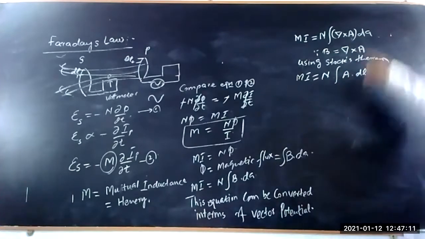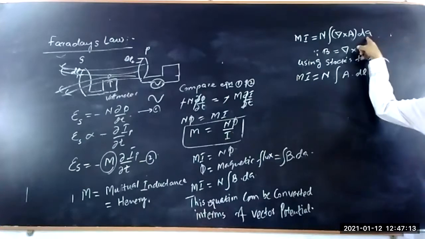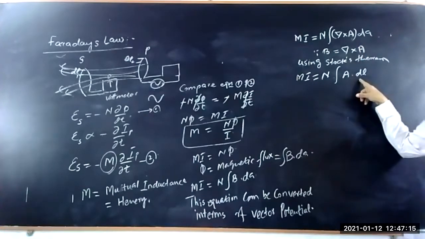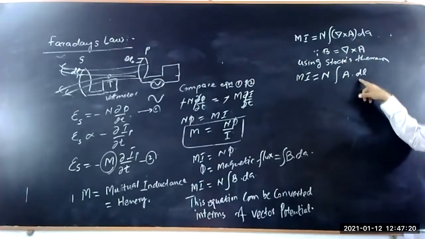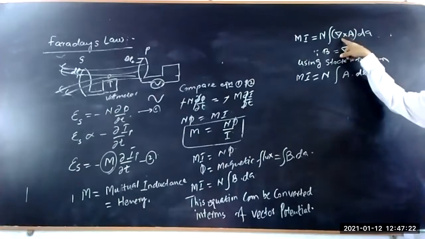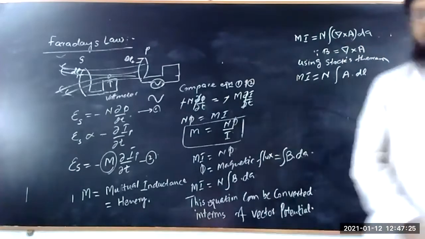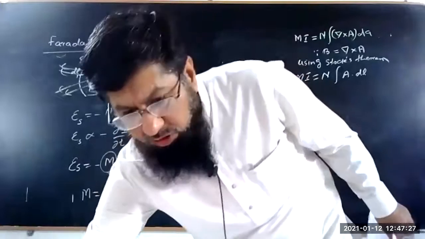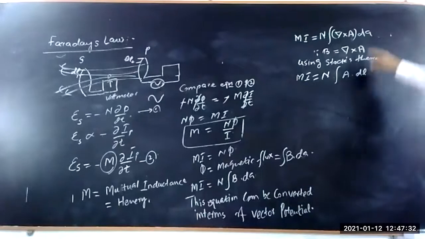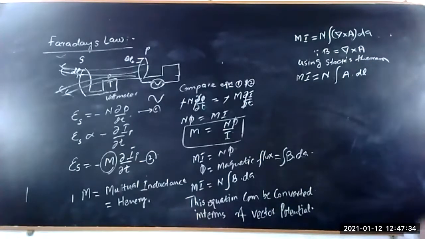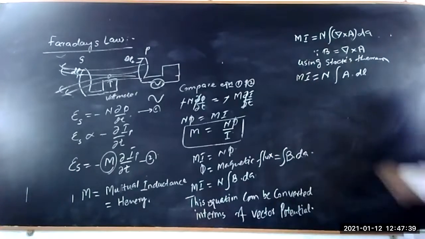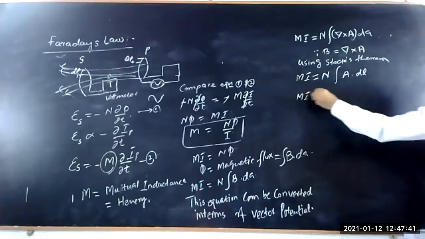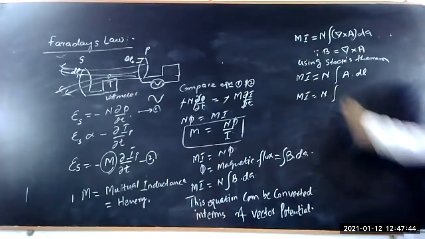It means the surface integral is converted into the line integral. The area integral is converted into the length integral by omitting the curl of it. So this equation is obtained by using Stokes theorem.